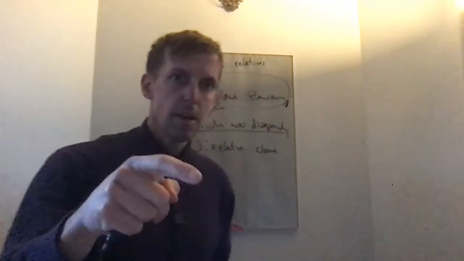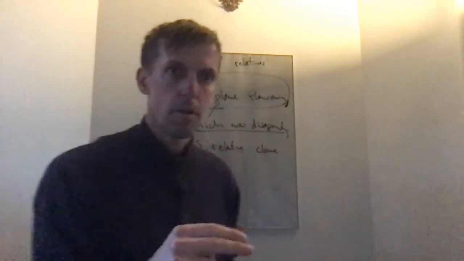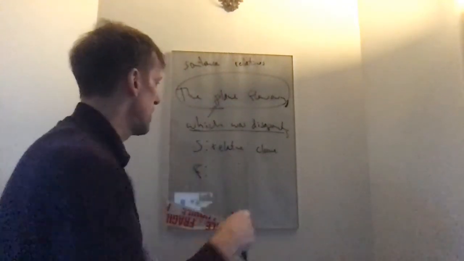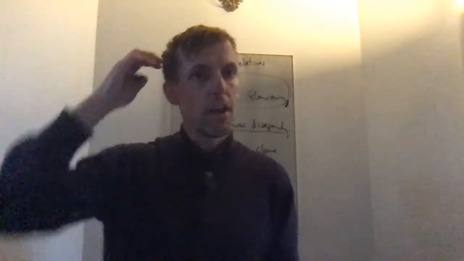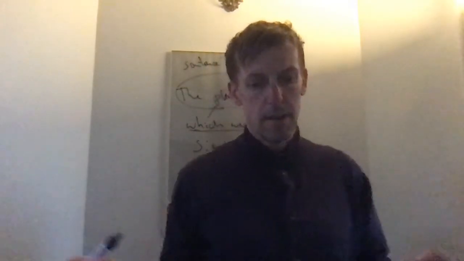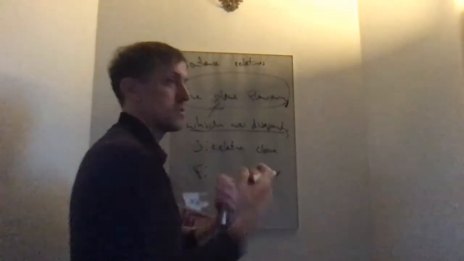But this time, this will not work, because we have just shown, and hopefully you've understood, that this relative clause, which was disappointing, is not a part of that noun phrase. So the function is not going to be post-modifier. That doesn't make any sense, because the function has to be a part of the immediately superior structure, and the immediately superior structure with which was disappearing is not a noun phrase.